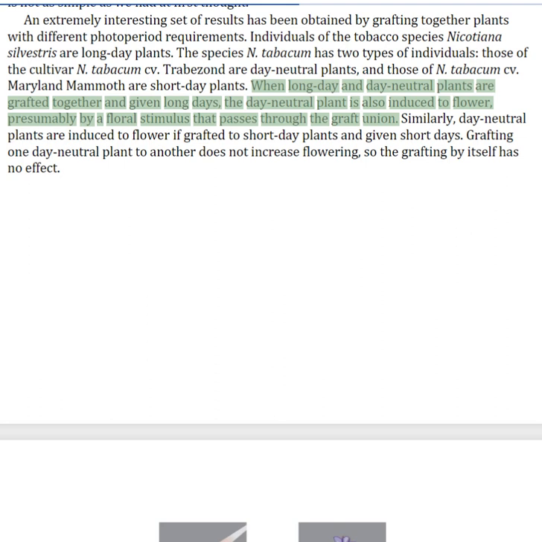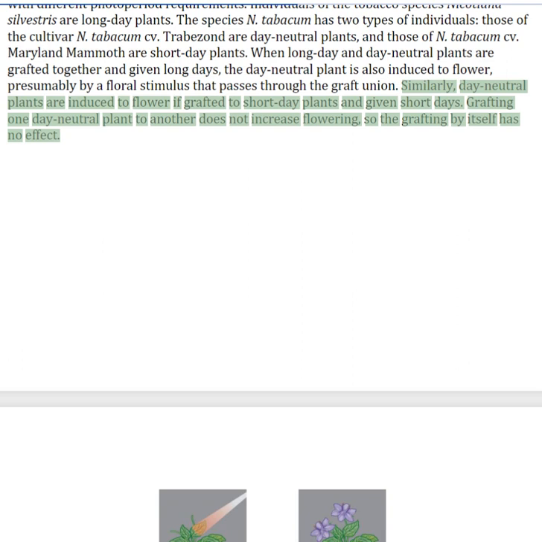When long-day and day-neutral plants are grafted together and given long days, the day-neutral plant is also induced to flower, presumably by a floral stimulus that passes through the graft union. Similarly, day-neutral plants are induced to flower if grafted to short-day plants and given short days. Grafting one day-neutral plant to another does not increase flowering, so the grafting by itself has no effect.